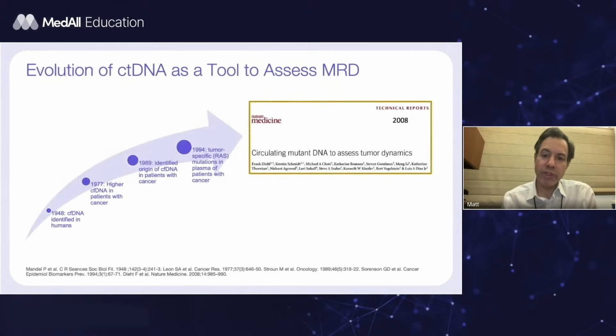So I'm going to go through the data that informs each of those points, and then we'll circle back to those at the end. So ctDNA as a measure of minimal residual disease is certainly not a new field.